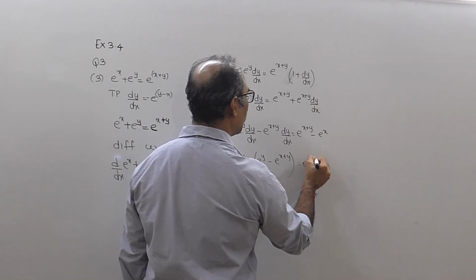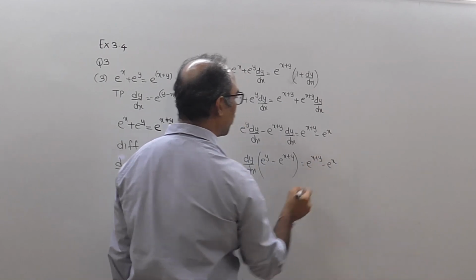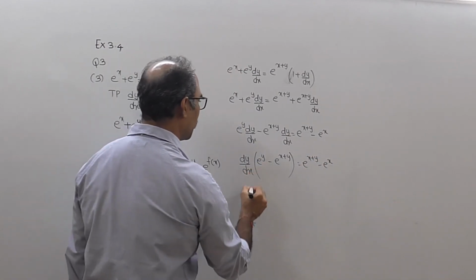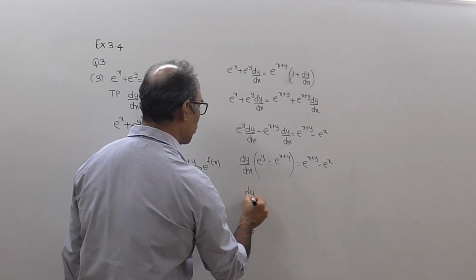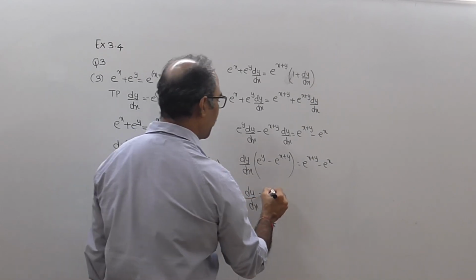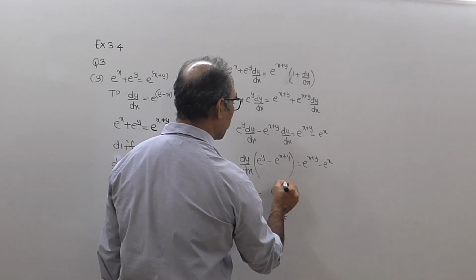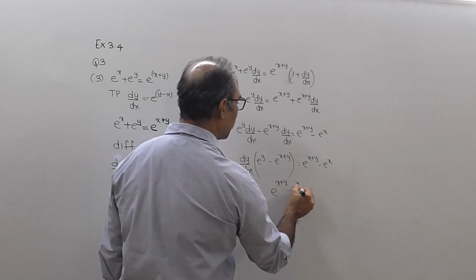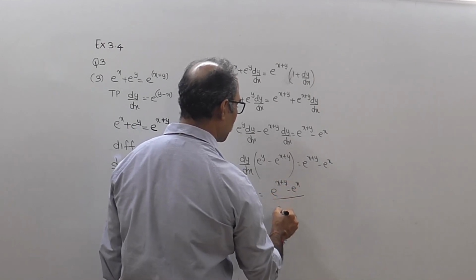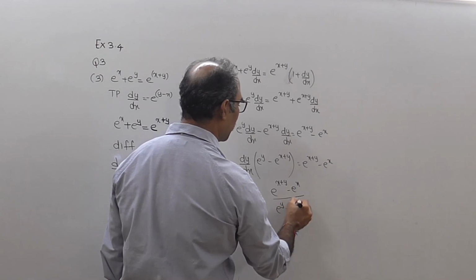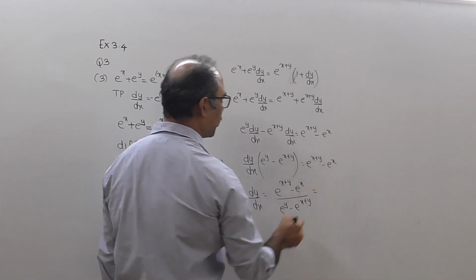This is equal to e raised to x plus y minus e raised to x. So dy by dx equal to e raised to x plus y minus e raised to x, upon e raised to y minus e raised to x plus y.